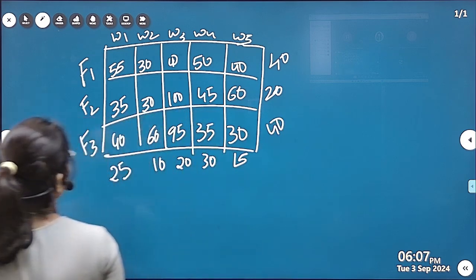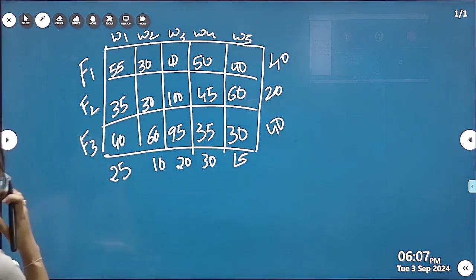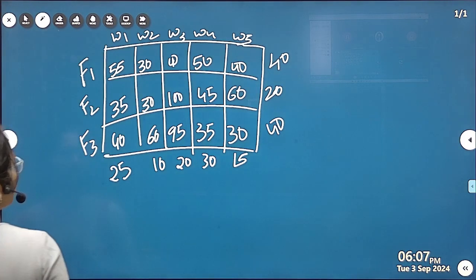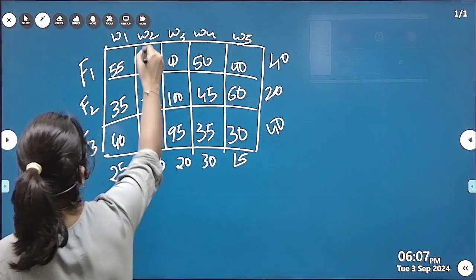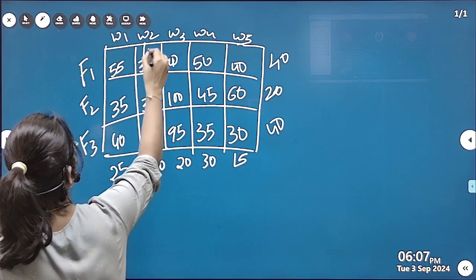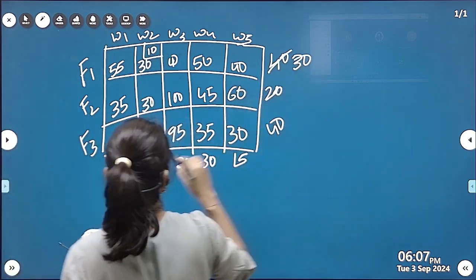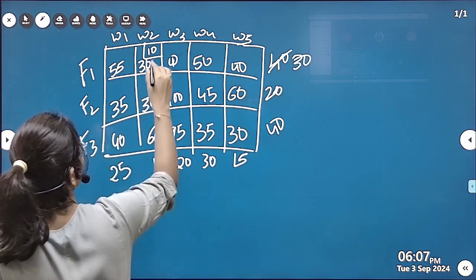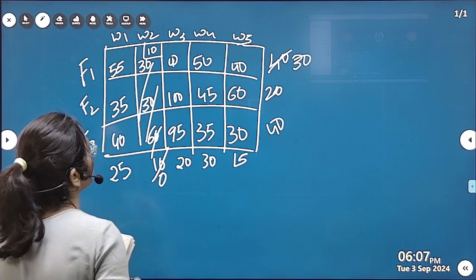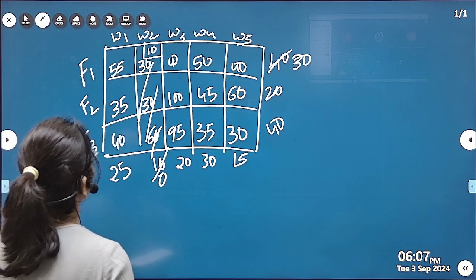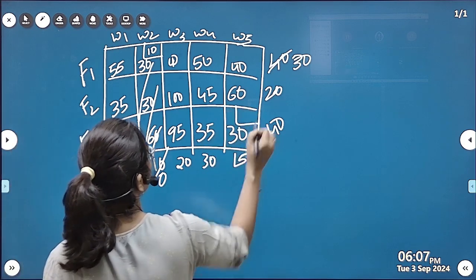So now tell me which one is the least cost among all the numbers. 30 is the least cost, right? So here 30. We can subtract this 10 from 40, you will get 30. So 0, cancel this. Next 30 here.